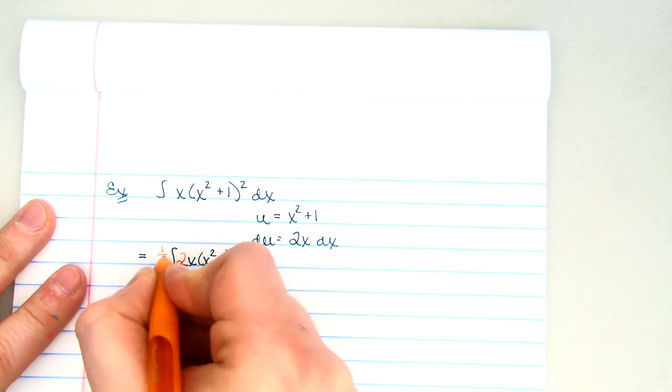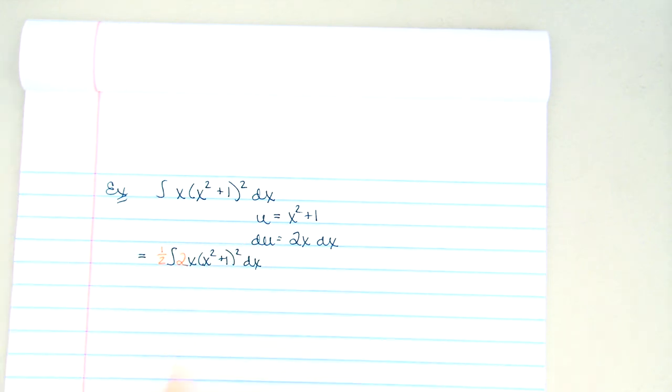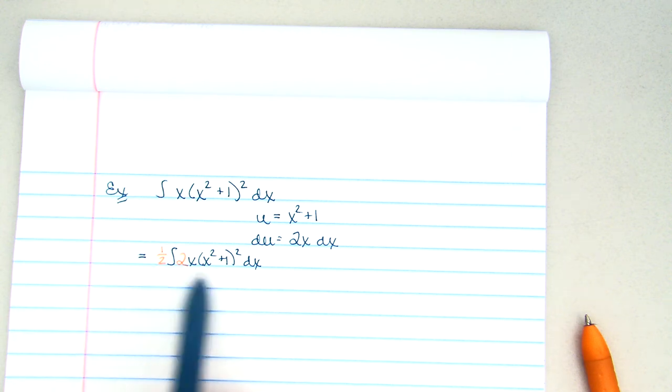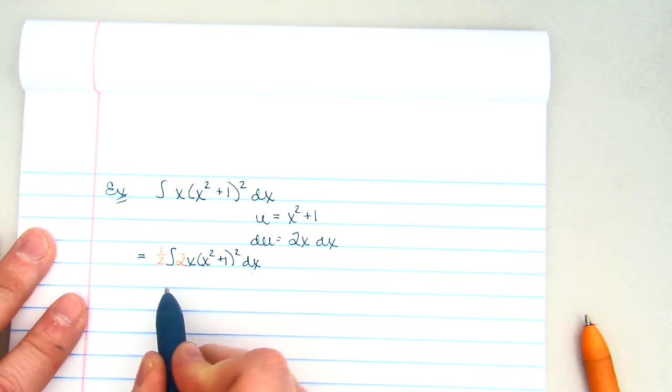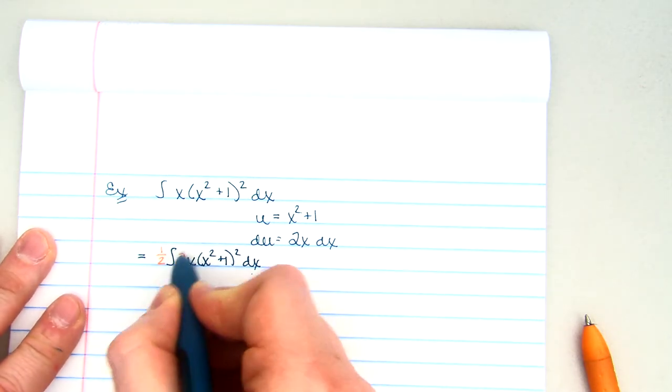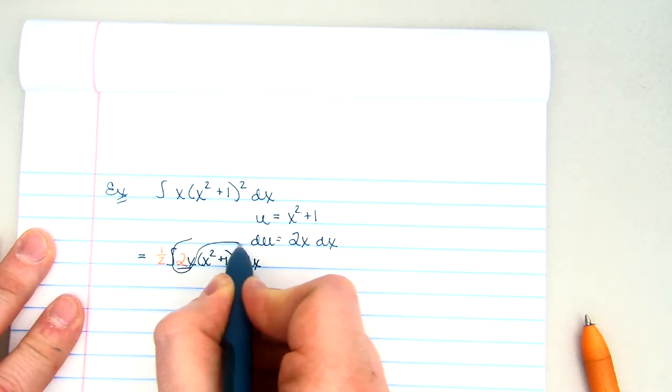I can stick a 2 inside if at the same time I stick a 1/2 outside, because isn't this problem now the same as the original? But the point is now it's in a form where I can use this u-substitution because I have now exactly what I want for my u. Well, not for my u, for my du.